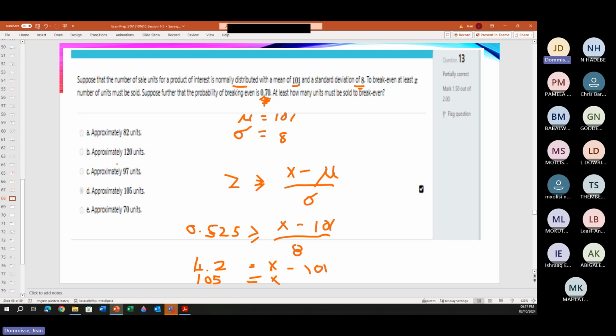Okay, interesting. That was only 1.5 points. So what did we miss? At least how many units must be sold to break even?